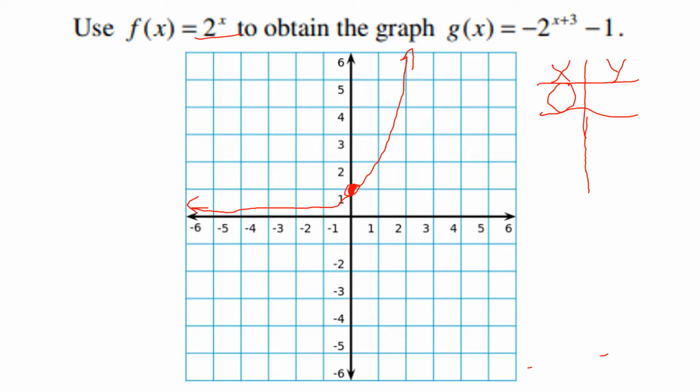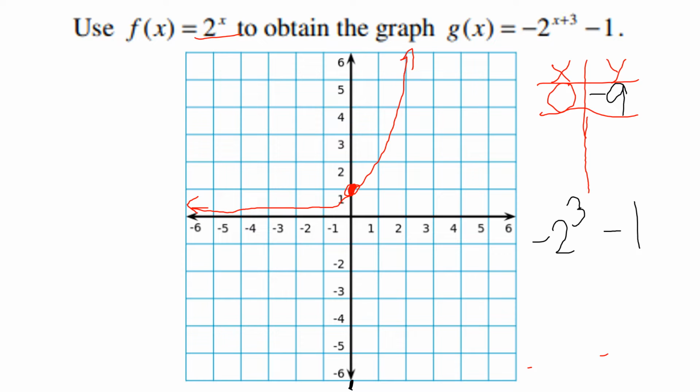So I get negative 2 to the power of 3 minus 1. So 2 to the power of 3 is 8, but because we have the negative in front of it, it becomes negative 8. So negative 8 minus 1 is a negative 9. So that's right there.